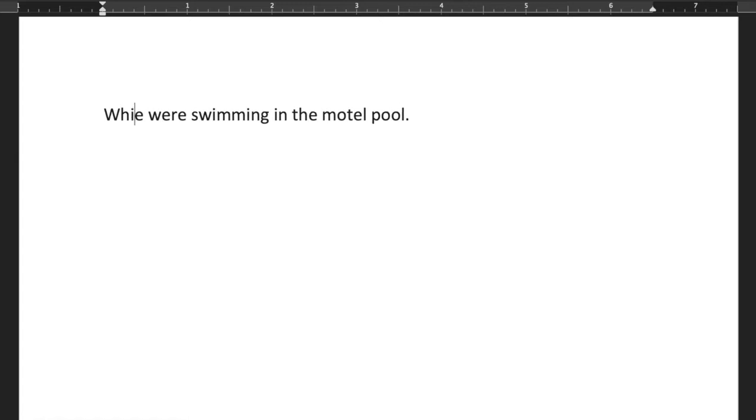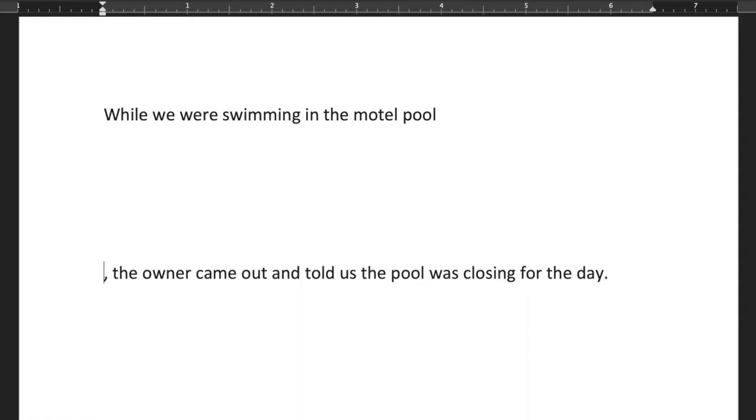But if we add this word while, we were swimming in the motel pool, take away the period, this is now a dependent clause. It doesn't have something that it depends on to become complete. We need to add another independent clause to this dependent clause, and then the sentence will work.